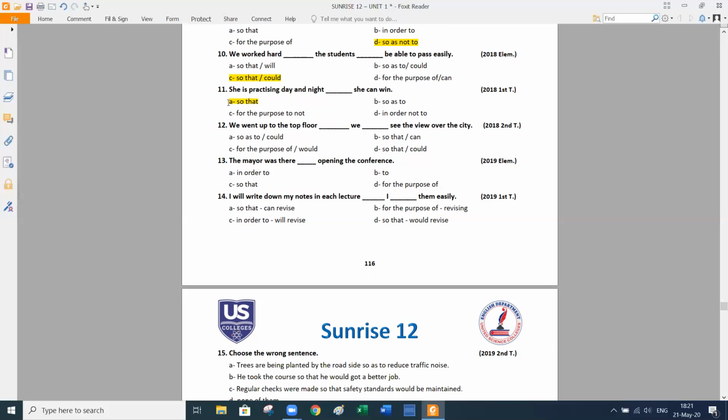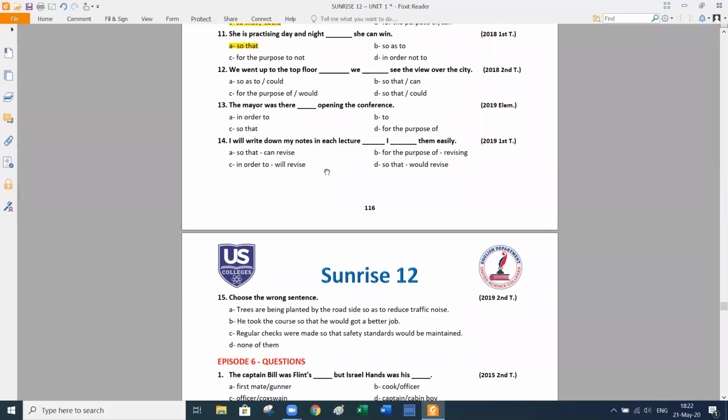I read it with the expression in the blank. She is practicing day and night so that she can win. Yes, it sounds good. It makes sense. The others are wrong. I don't need to look at them because we have a subject and modal verb here. So the others won't be correct, so I'm not looking into them.